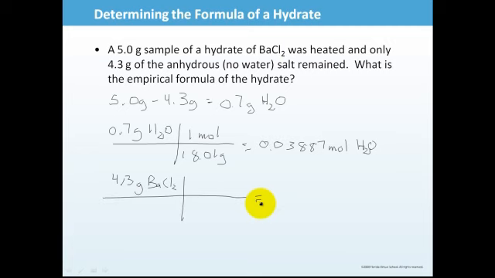Barium is 137.33, and there's only one of those. And then we're going to add to that the chlorine, which is 35.453, but there are two, so we got to double that. And again, to cancel out units, we have to divide. So it's going to be 208.236 grams per mole.